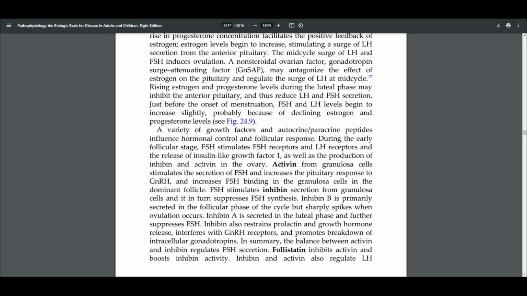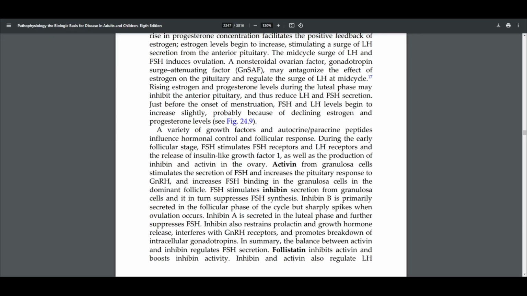Activin from granulosa cells stimulates the secretion of FSH and increases the pituitary response to the GnRH and increases FSH binding in the granulosa cells in the dominant follicle. FSH stimulates inhibin secretion from the granulosa cells, and it in turn suppresses FSH synthesis.